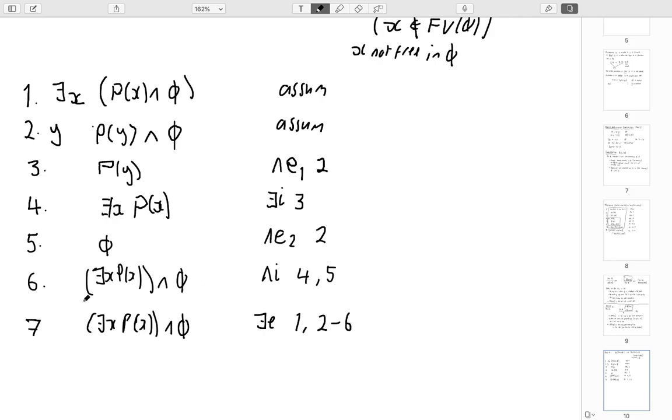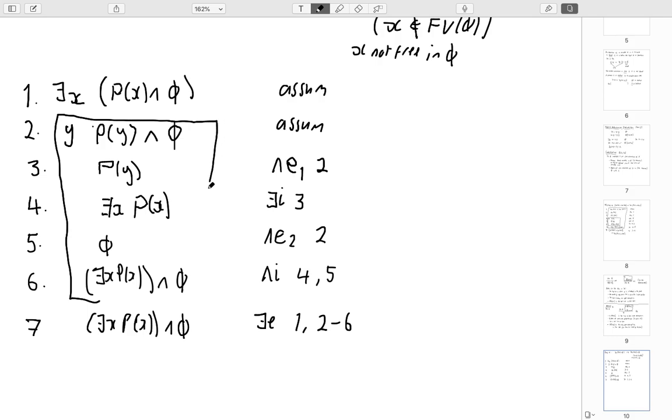And then we draw, I'm just going to give myself more space by moving this y a little bit to the right. So we draw a box around, closing off that assumption.